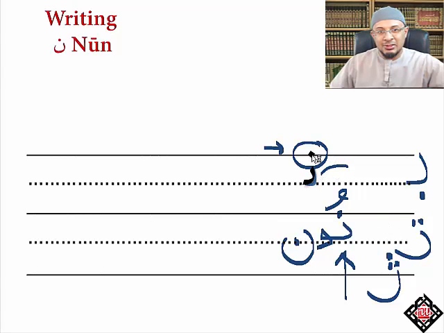So when you see this type of morphology, the dot gives it away. The noon has only one dot. Also the ya has two dots on the bottom. So it's actually similar to four letters.